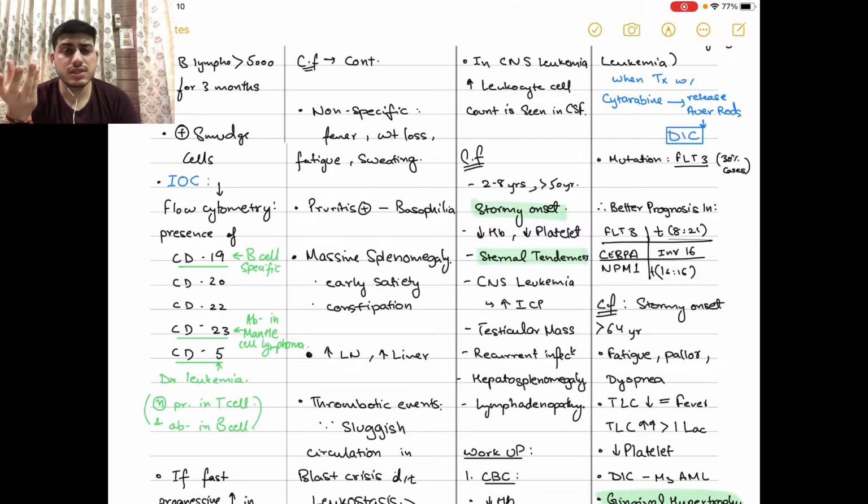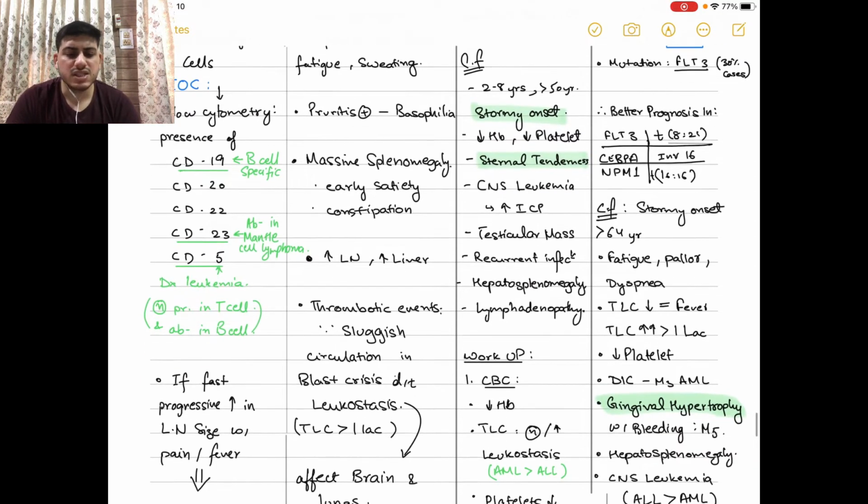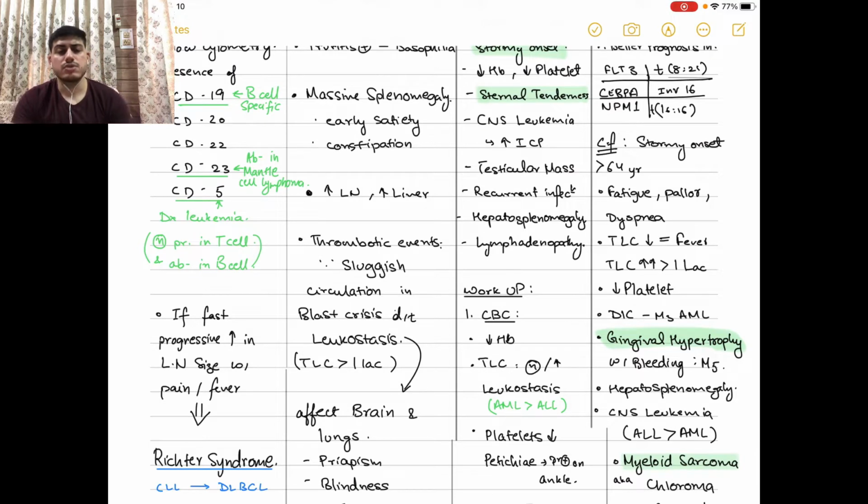Since basophilia is there, obviously there will be histamine, and the patient will feel pruritus over his body. And massive splenomegaly, as I mentioned already, with early satiety, because the spleen has enlarged in size, it compresses the GI system, so there will be early satiety and constipation in the patient. And obviously lymphadenopathy and hepatomegaly.